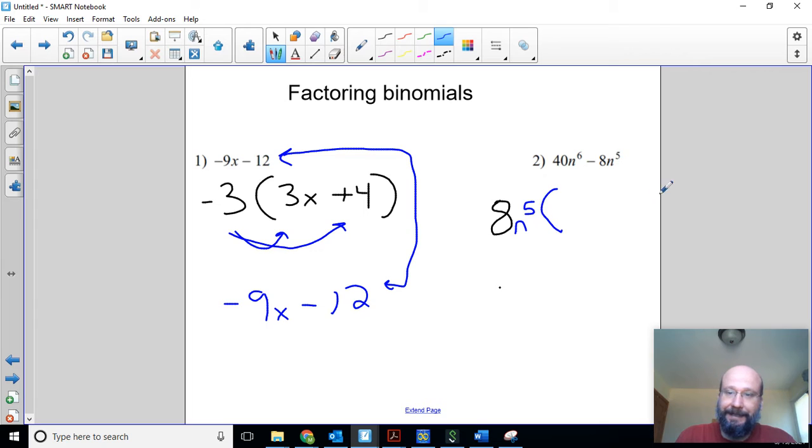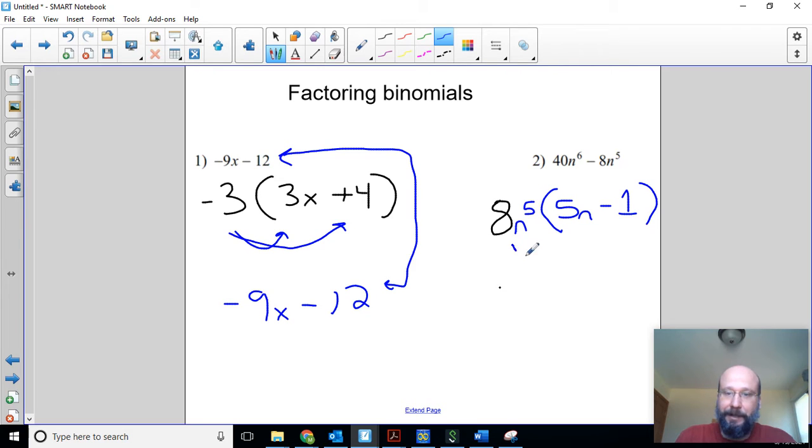Now I can divide that from both of these terms. So 40n^6 divided by 8n^5 is 5n. And 8n^5 divided by 8n^5 is 1, negative 1, because of this negative.